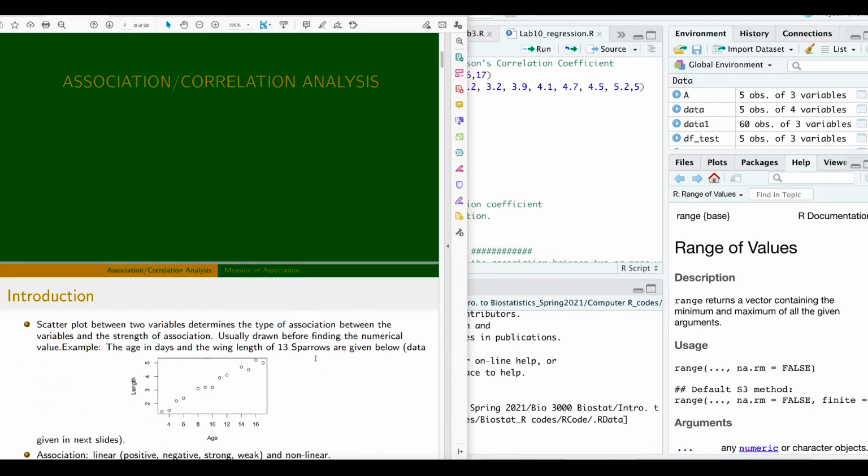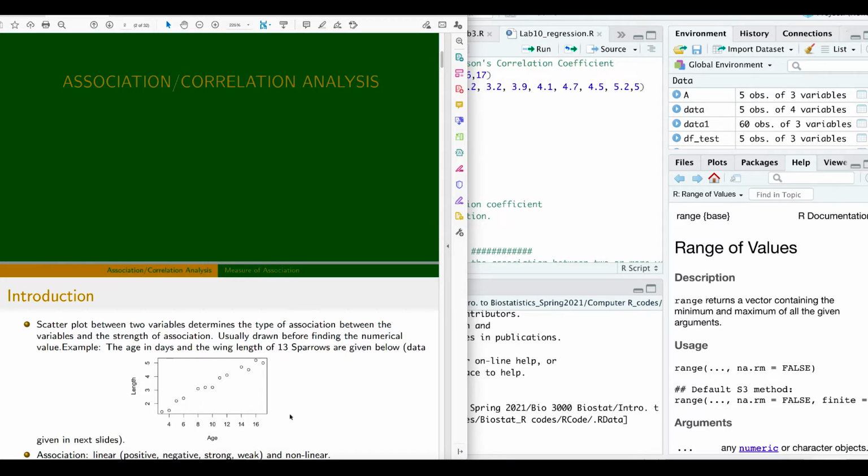The graphical way of checking the relationship between two variables is the scatter plot. We plot one of the two variables along the x-axis and the other variable along the y-axis. For example, the age in days and the wing length of 13 sparrows are given below.